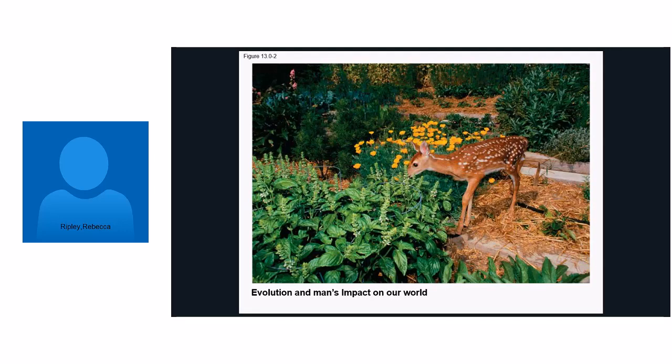So your chapter starts off with this picture of this cute little baby deer, and it's talking about how evolution might look today. So I know when I plant a garden, there's a high probability that deer are going to come eat things in my yard. And there's a high probability if I leave a bag of garbage outside, not in a garbage bin, that the skunk that lives under my shed is going to come and rip the garbage bags apart.